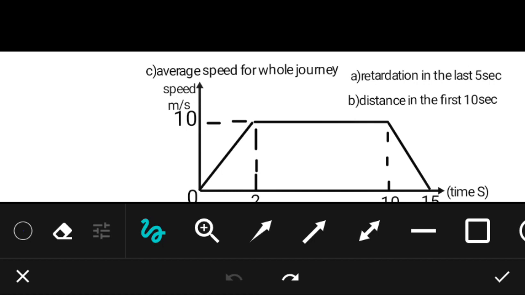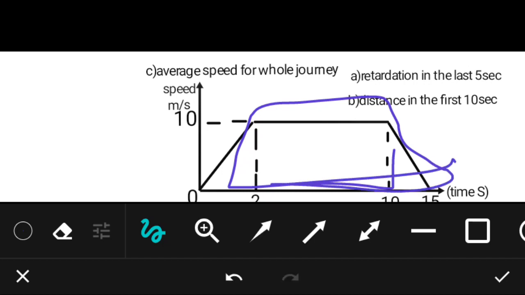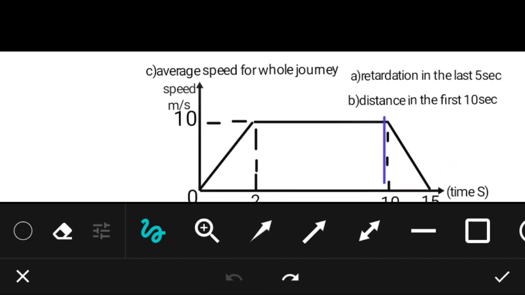Now in this case, we only had the distance in the first 10 seconds here. But we don't know the distance for the whole journey. So meaning, we need to know the distance for the whole journey.